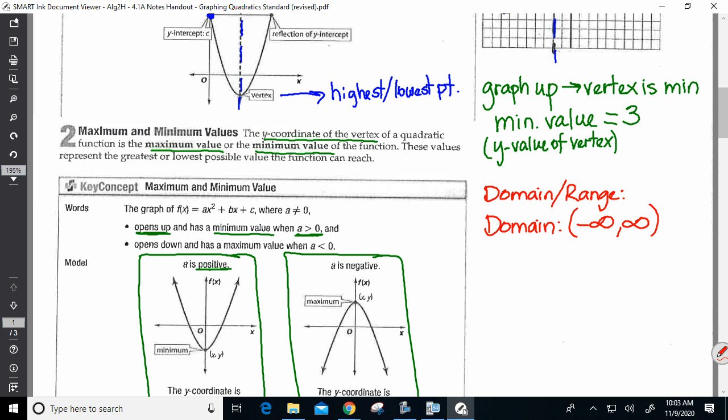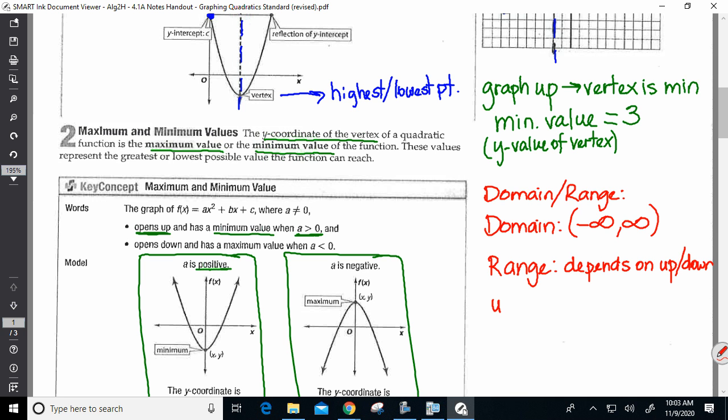The range, however, depends on whether the graph opens up or down.